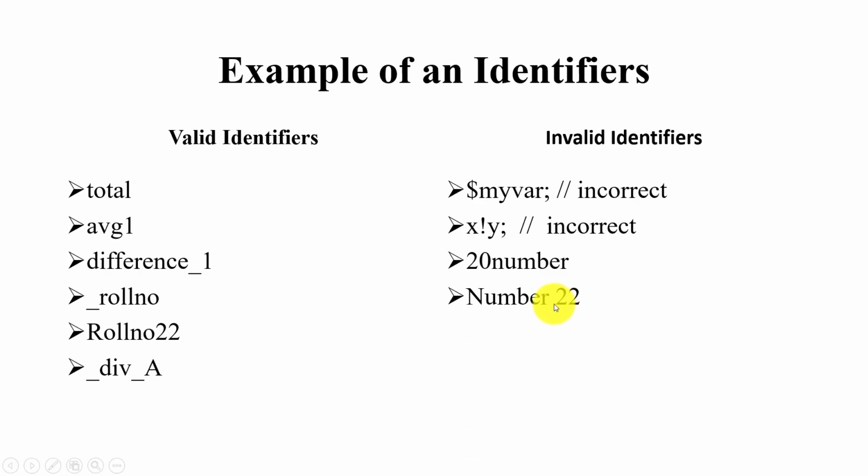In an identifier we cannot use blank space, so number 22, with a space, is invalid. Again, roll_ roll number with white space is invalid, because white space or any special character is not included in an identifier. So these are all the invalid identifiers, and those are the valid ones. That is all about identifiers.